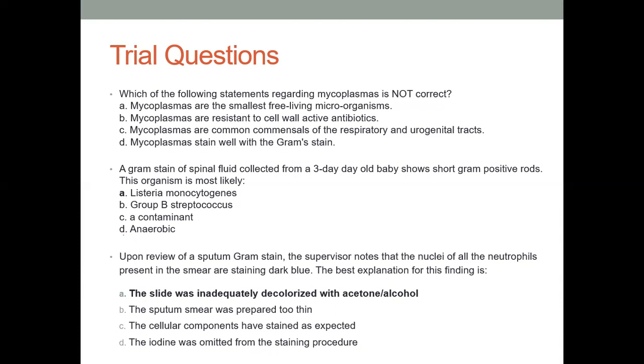Those ones are very simple. So you should know some common gram-positive rods and some gram-negative rods. So if you are seeing short gram-positive rods in CSF, what organism is it likely to be?